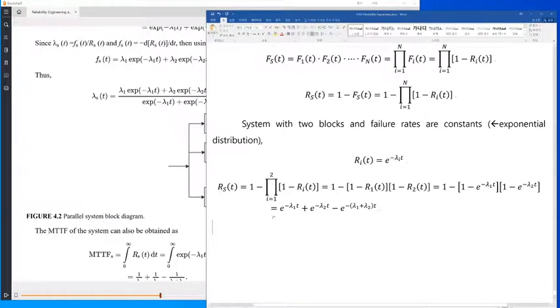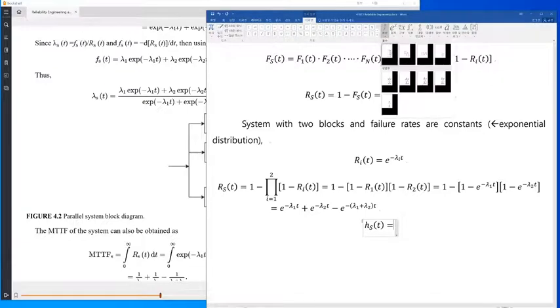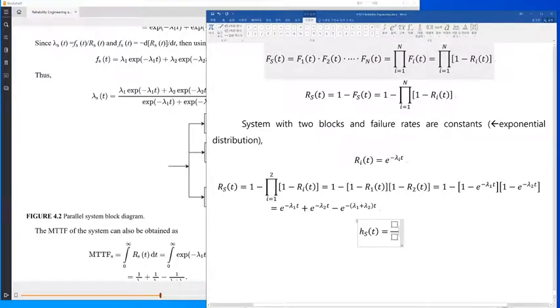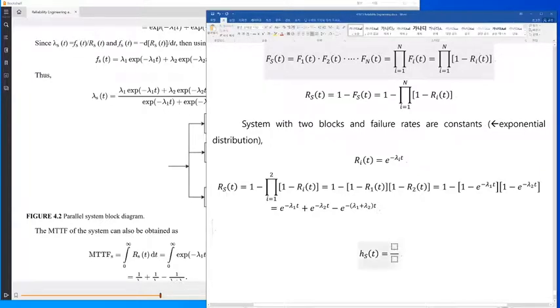So if we would like to calculate the failure hazard rate of the system, once again, I already told you about the hazard rate. Before calculating the hazard rate, let's first calculate the probability density function.